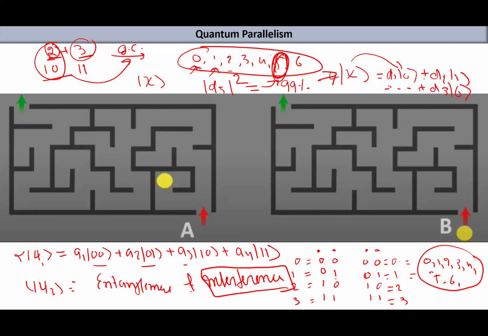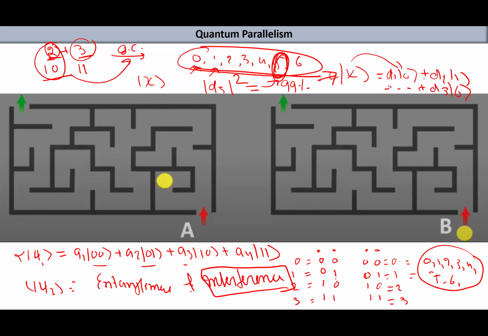So before measurement, it will compute everything, but it will remain in superposition. And only after the measurement, you will get one answer. But if you do measurement without interference, you will get all possible answers, no use. So before doing the measurement, you have to do interference, okay?